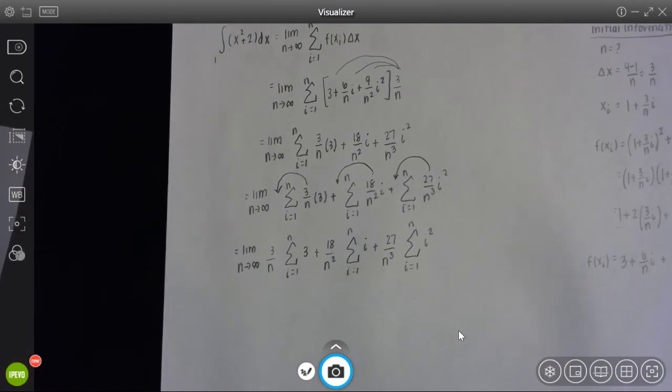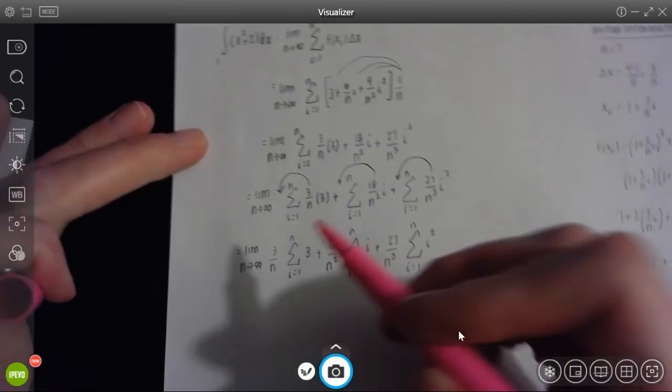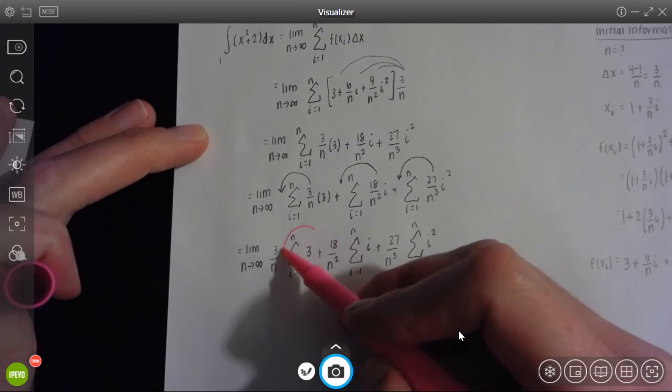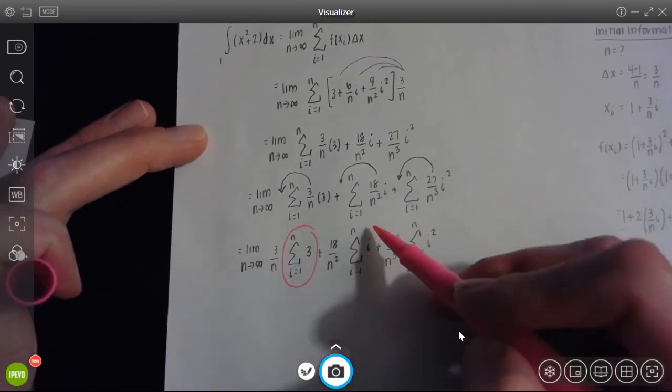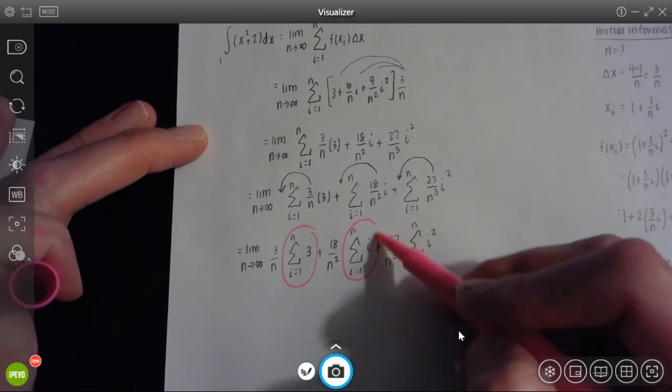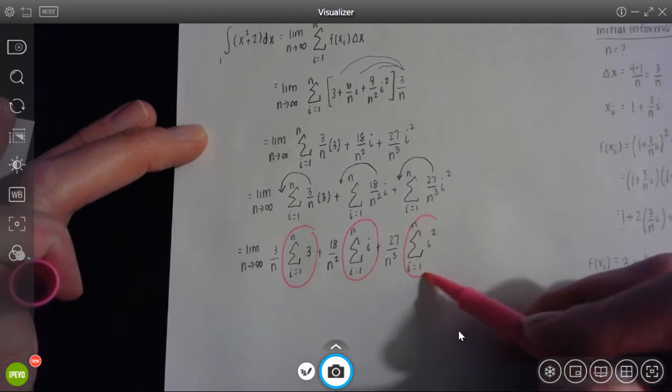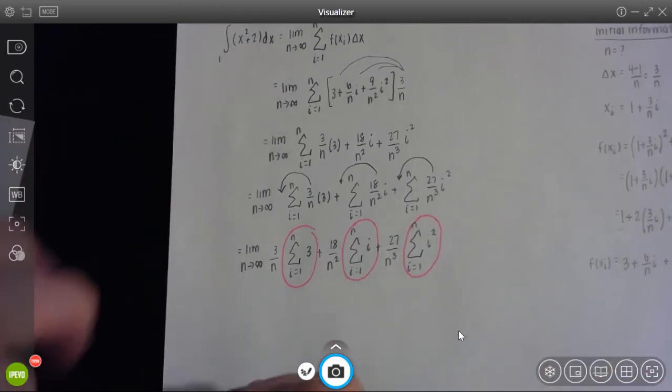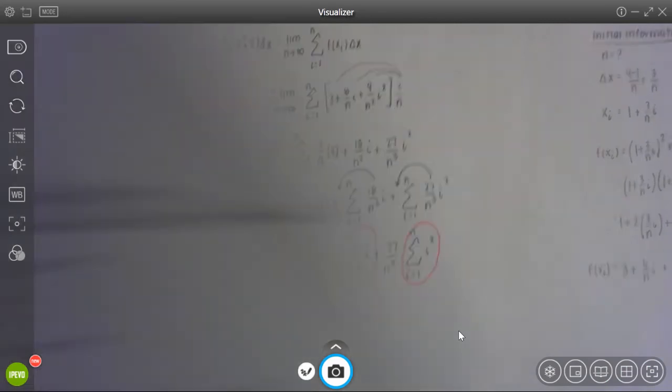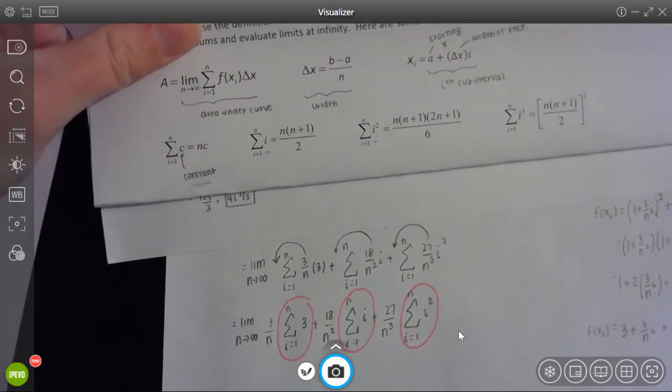At this point, I can use what I know to substitute in for this term, this term, and this term, because now I've got something that looks exactly like the formulas we were talking about earlier.